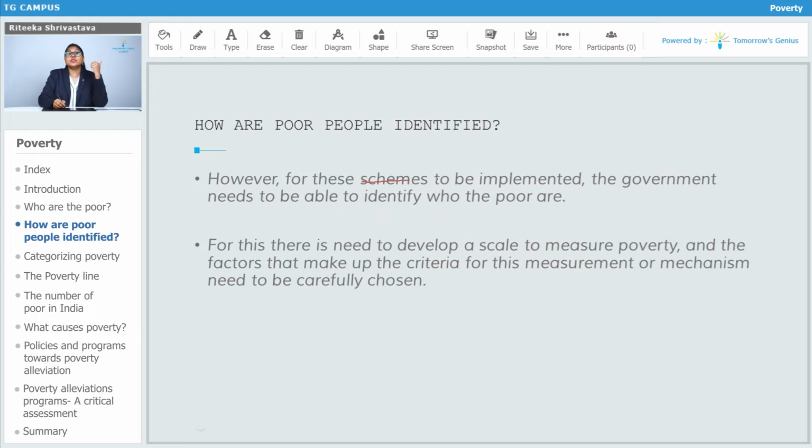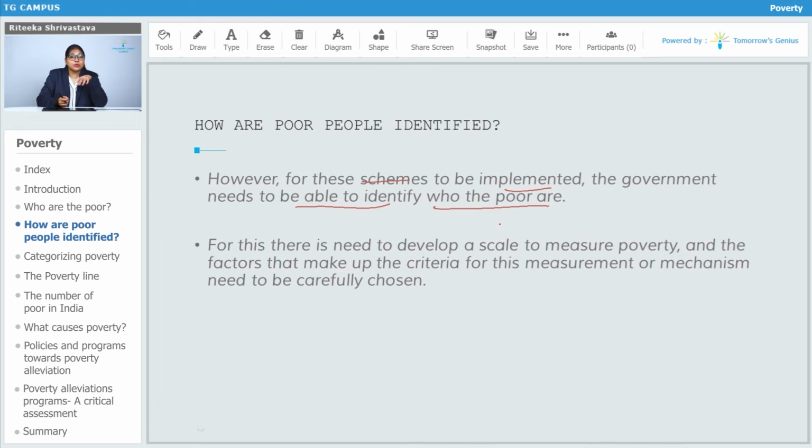However, for these schemes to be implemented, the government needs to be able to identify who are poor and who are not. That means before implementing that scheme or solution, the government needs to properly identify exactly which people are poor, so that the scheme is implemented only to that section of society.